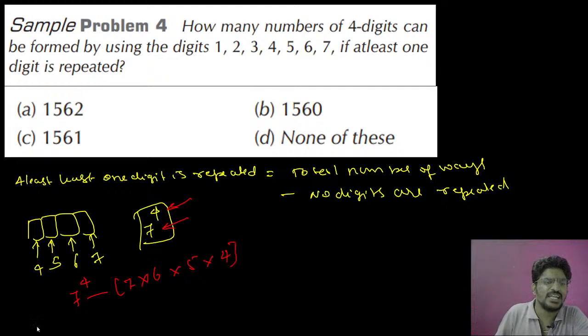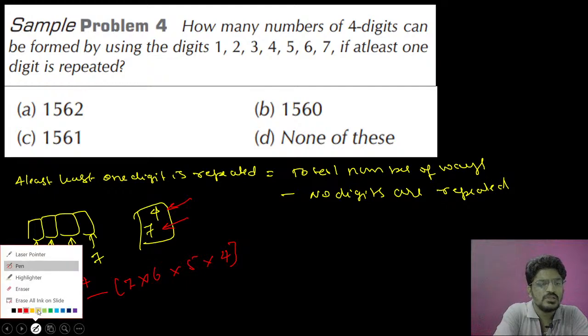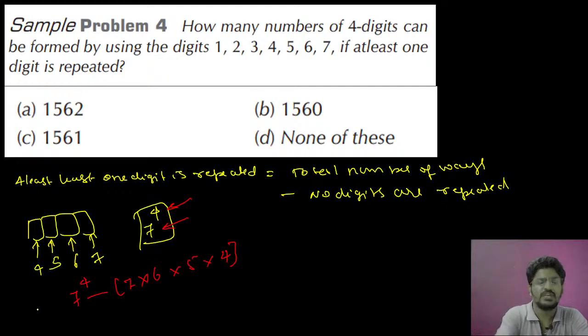Calculate it and tell me what is 7 to the power of 4? 49 into 49. 49 into 49 will be 2401.